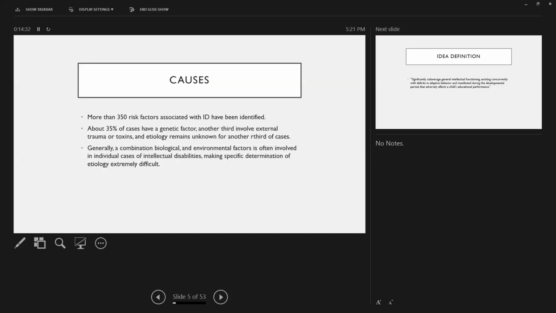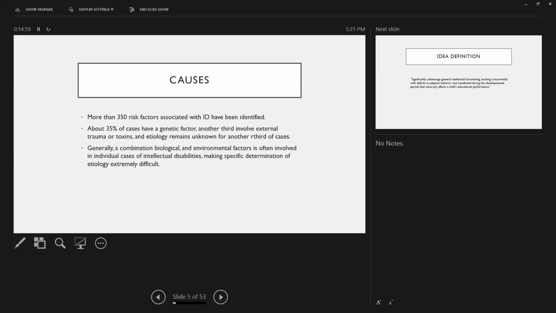And again, just because one child possesses one of these risk factors and ends up with a diagnosis of ID, doesn't necessarily mean that a different child with the same risk factor is going to end up with an ID diagnosis.